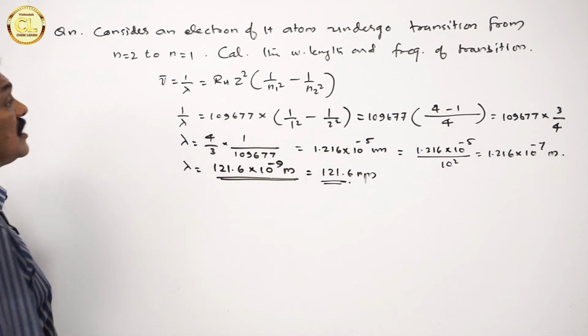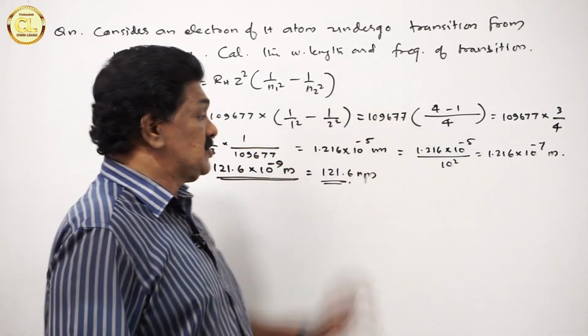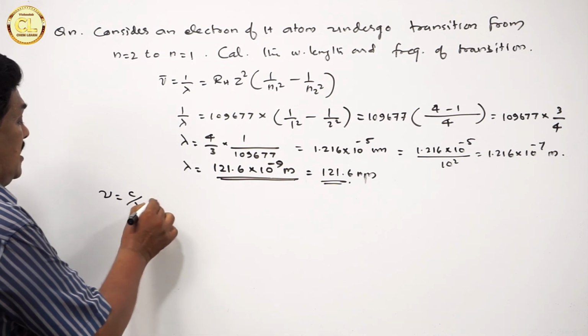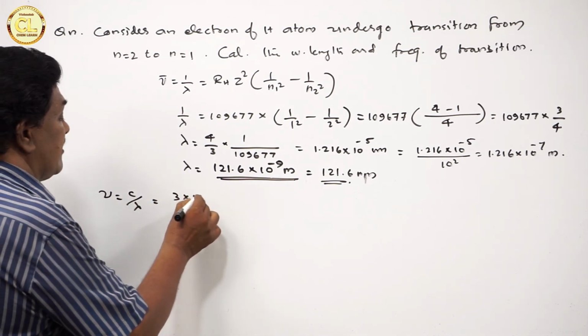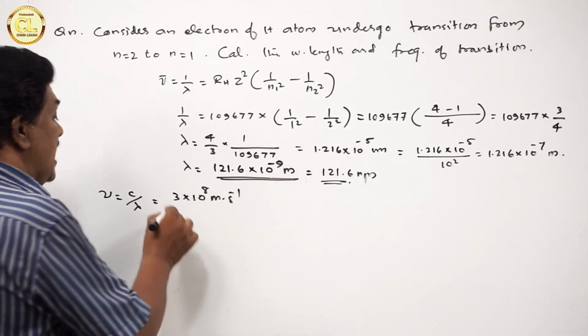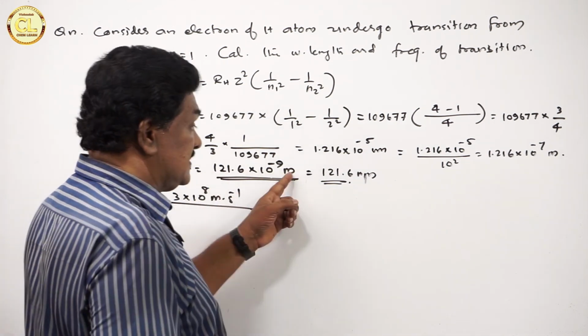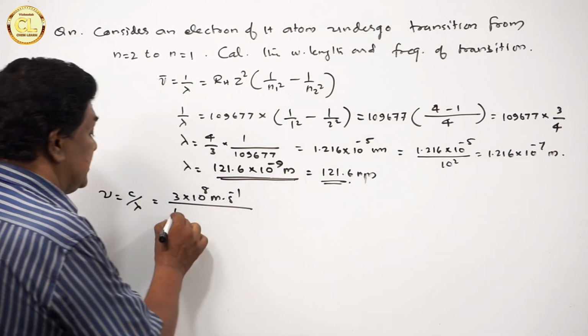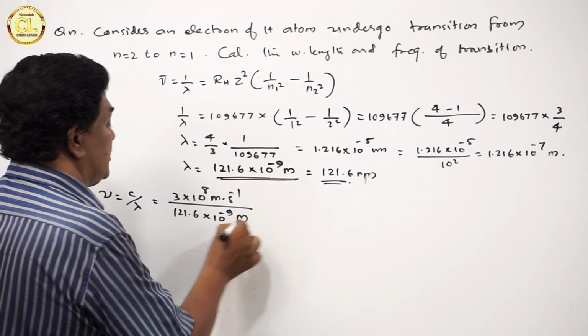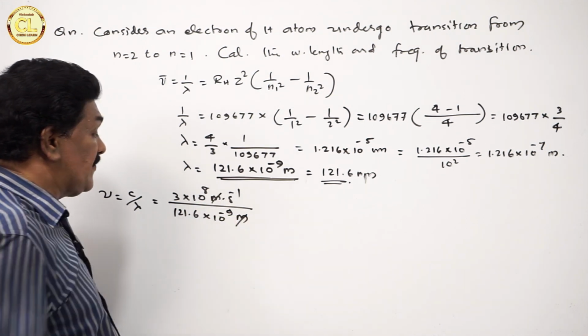Now we are asked to calculate the frequency also. We know that nu is equal to C by lambda. C is 3 into 10 raised to 8 meter per second. And lambda is, take the value in meter, that is 121.6 into 10 raised to minus 9 meter. Meter getting cancelled off.